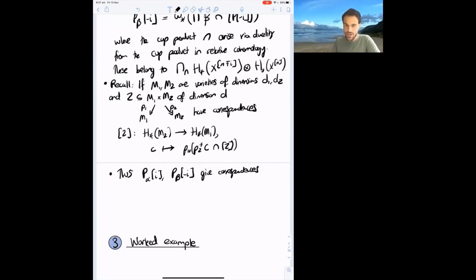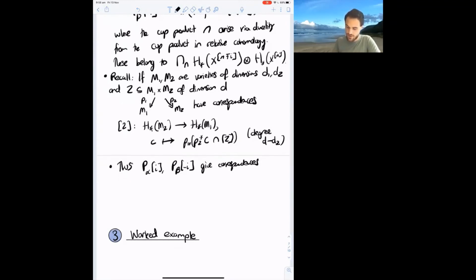So actually I should write here, this is degree D minus D2, right? So it's not like the degree is being preserved in this mapping. And for the same reason, we get correspondences from P alpha i and P beta minus i, but they're not degree preserving.